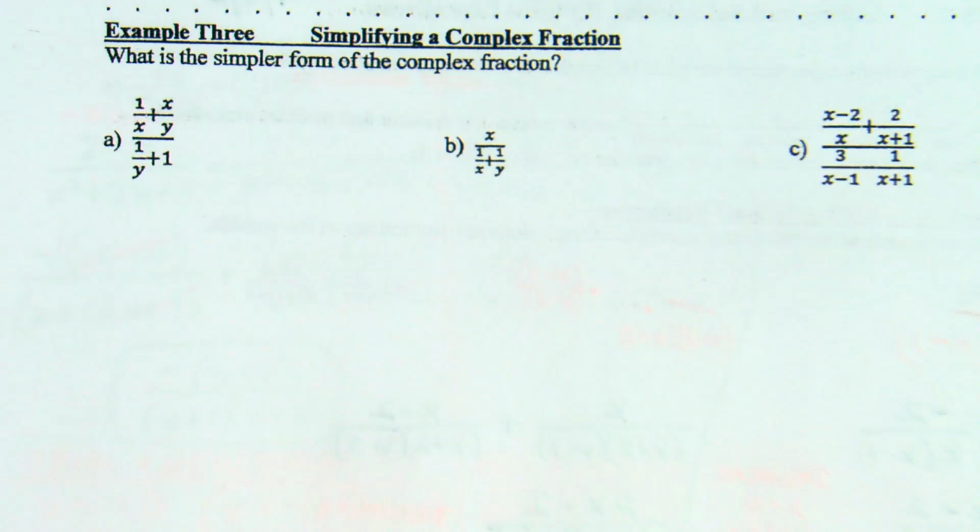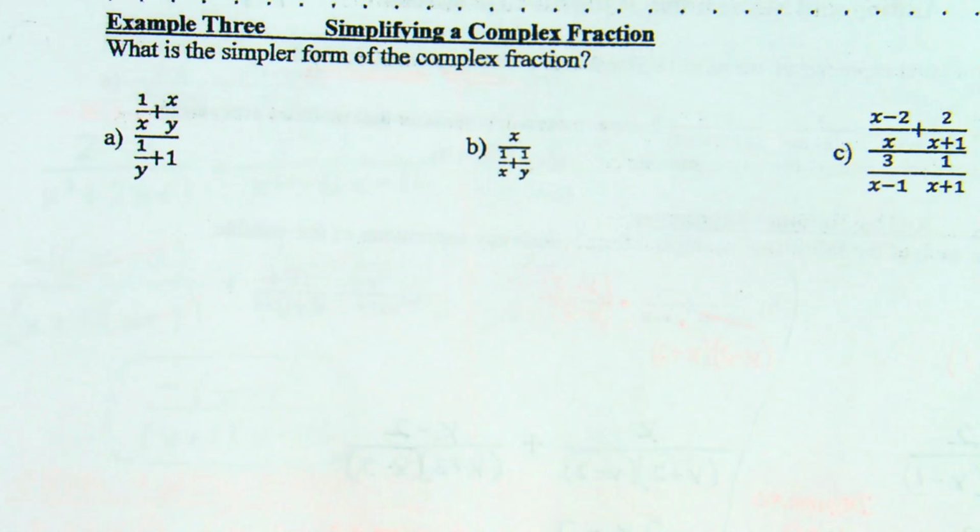And I go back and forth on how best to teach this, so that's why I kind of have to stop and think here. So, my plan is to look at A and B. If I remember, C gets pretty ugly. So, A, 1 over x plus 1 over y, all over 1 over y plus 1.